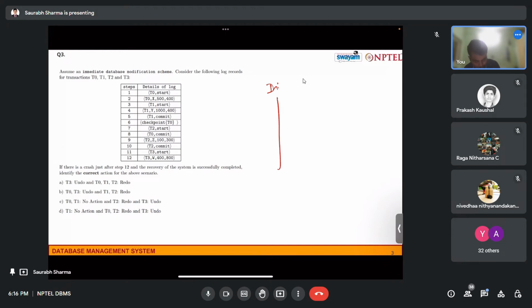Yes, there is one checkpoint here. Then there is some crash after the 12th, after this one. So from the initial stage there was T0. Sorry, T0 was there. Then after some time T1 got started.